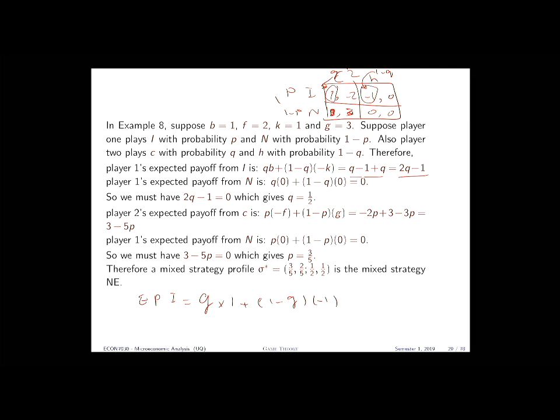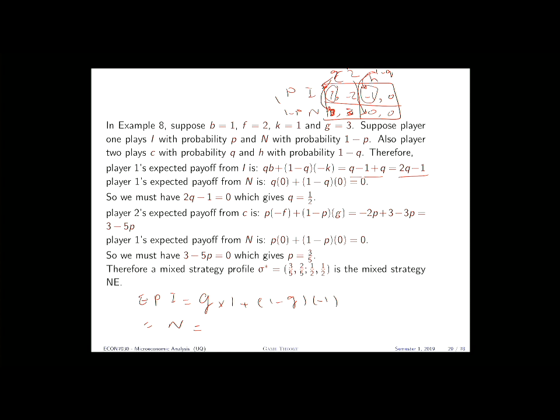Now let's do it for the other strategy, the expected payoff of strategy N. Now it's Q times 0, plus 1 minus Q times 0. So here again we need to be very careful, especially when there are more than 2 strategies, say 3 of them. Be very careful to multiply things correctly. If you multiply Q to the second element, then you'll get a completely different outcome, which is wrong.